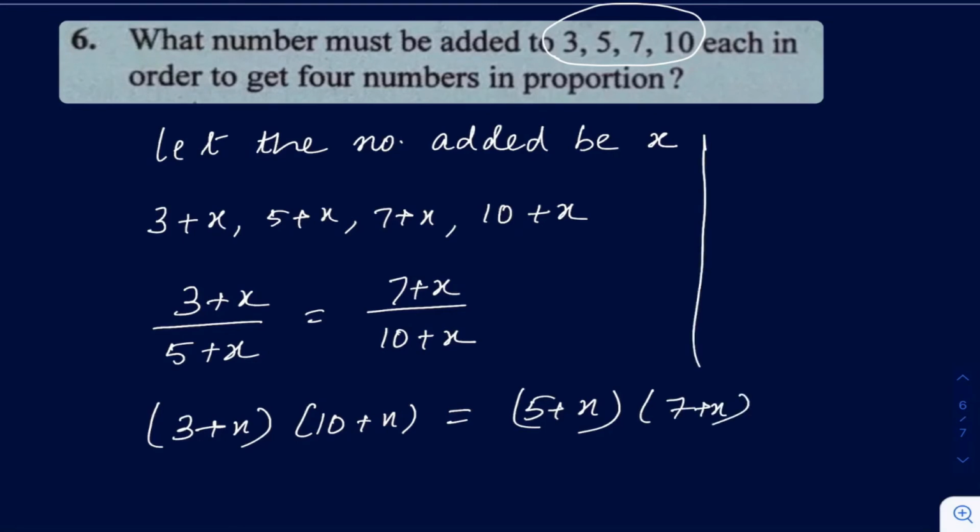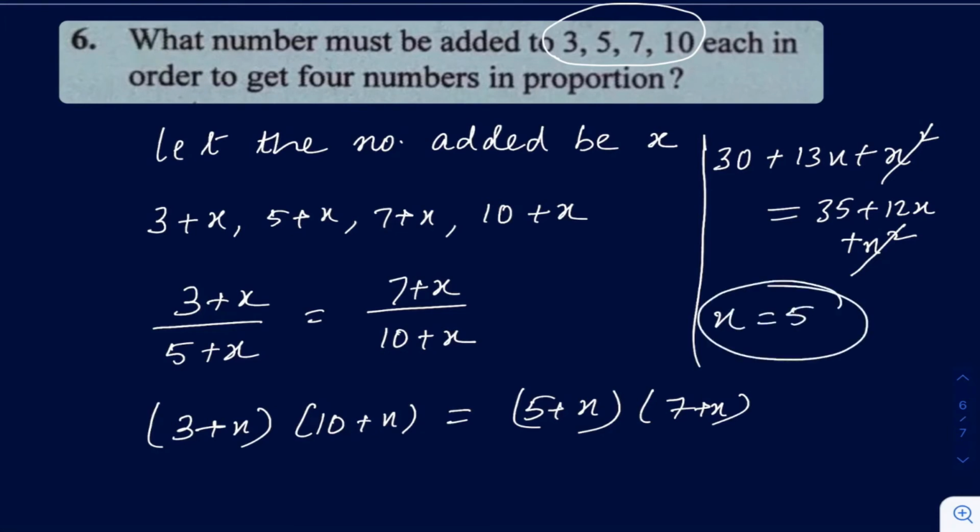This side is coming 30 plus 13x plus x square. The other side, 35 plus 12x plus x square. So x square and x square cancel from both the sides. So we are getting x equals 5. So it means if you add 5 to all these numbers, they all will be in proportion.